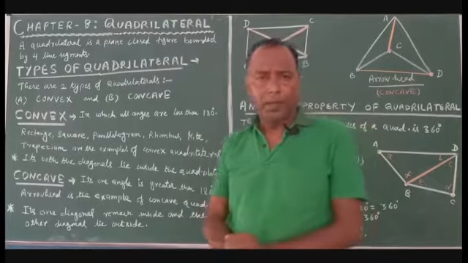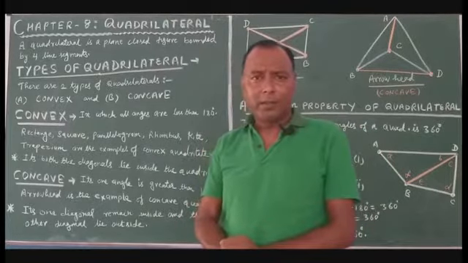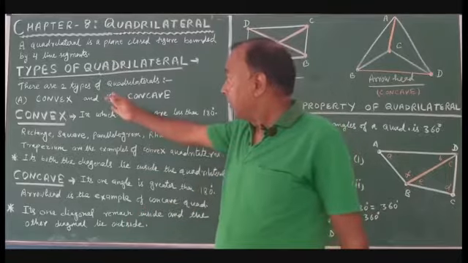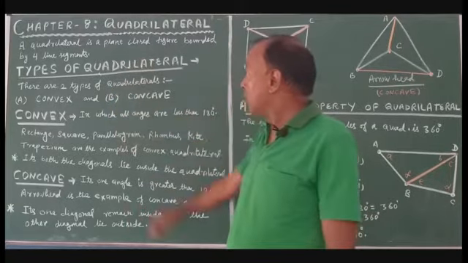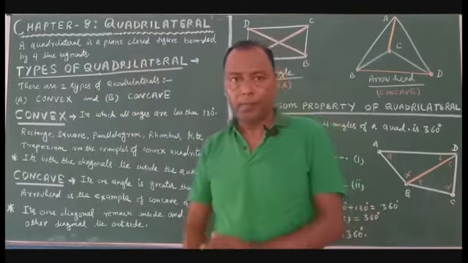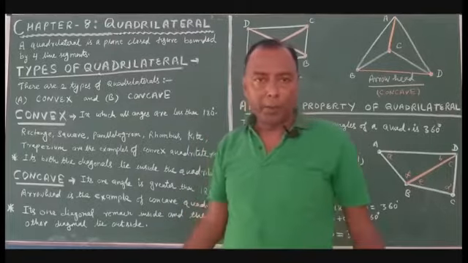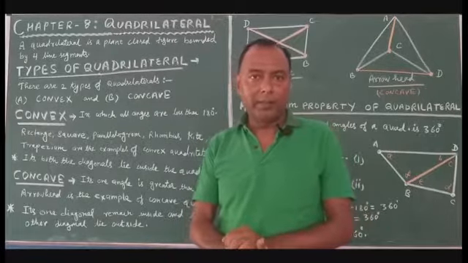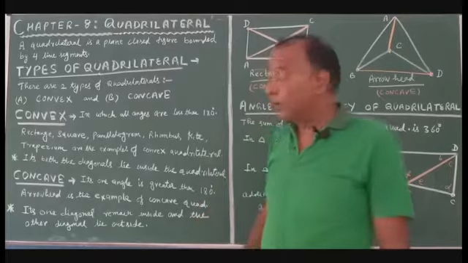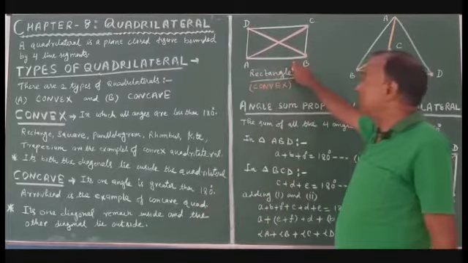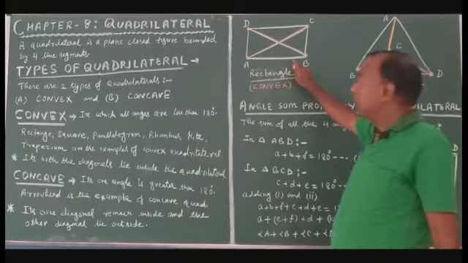Now, the question is this: how many types of quadrilaterals are there? Just look at the figure. This is the rectangle.